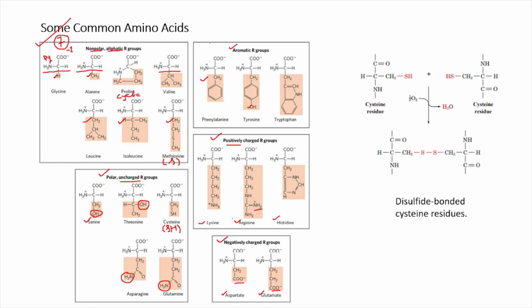In this category of aromatic amino acids, you have a total of three aromatic amino acids, but these aromatic amino acids also do not carry any charge. Next category, polar uncharged R groups.